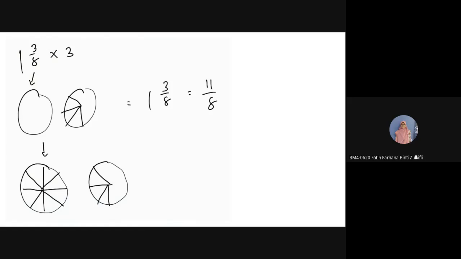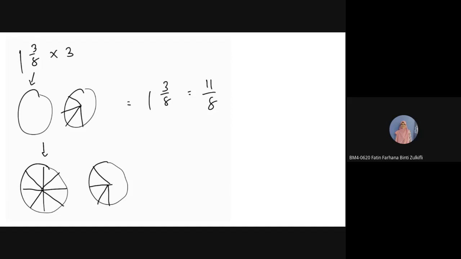Think of this circle as a pizza. So we have 1 3 over 8. The question is 1 3 over 8 multiplied by 3. 3 is also 3 over 1. So we have 1 3 over 8 pizza.